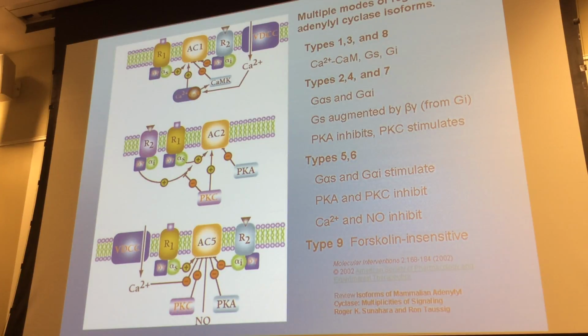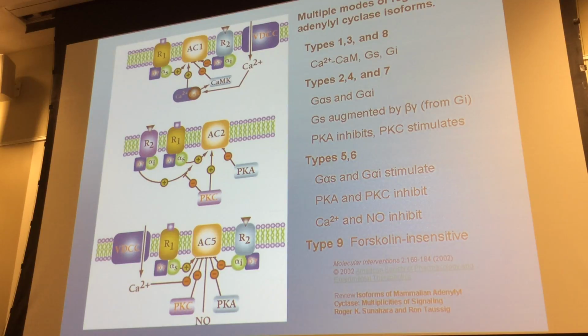And then you saw when calcium and forskolin were together, you had a huge synergistic response, right? So what does that tell you about what kind of adenylyl cyclase this must have been? 2, 4, and 7. Why 2, 4, and 7? Somebody up here that wasn't part of your group said that. Why would it be 2, 4, and 7? Because they have a synergistic effect.